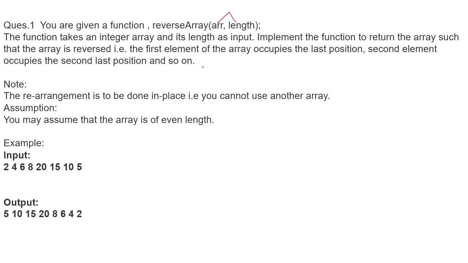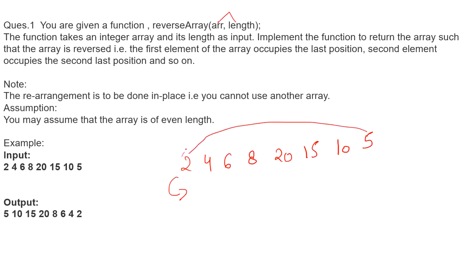So first of all, let me discuss the approach with you. What this question is actually trying to say: an array is given to you like this: 20, 15, 10, 5. What we have to do is reverse this array, in such a manner that the first element is going to be the last element and the last element is going to be the first element.